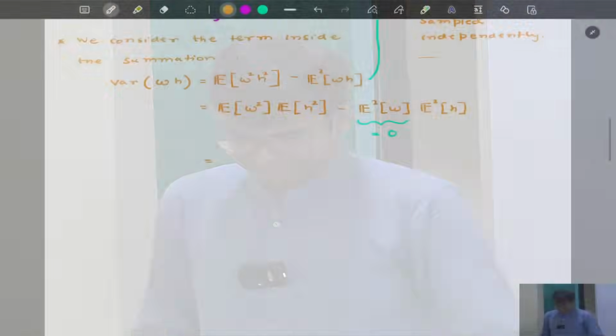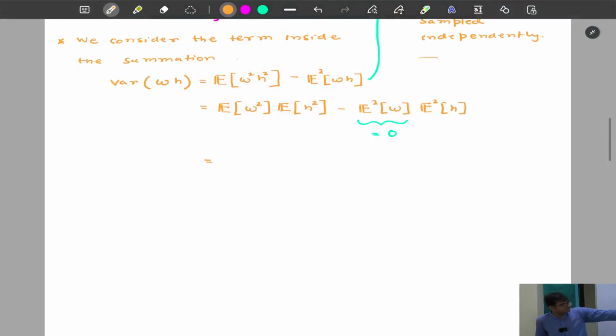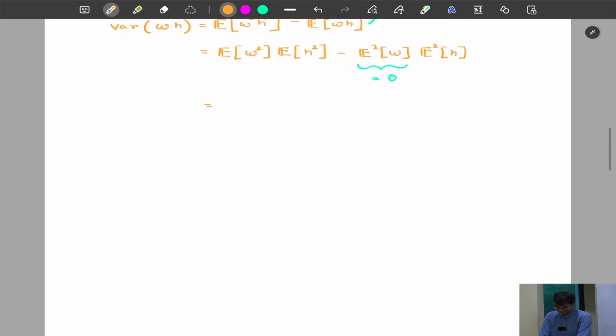Let us only take expectation of W square. How can I write it in terms of variance? With variance of W, then plus expectation square of W, right? I mean, same formula that I used here. Same formula, just take the negative sign to the right hand side.